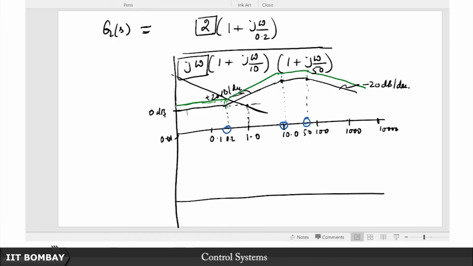It was starting from here, this green line. But now you have to add this integrator up. The contribution of this integrator is this much. So now you add that much to your existing plot, and this is where your plot will start from. Simple, that's it.